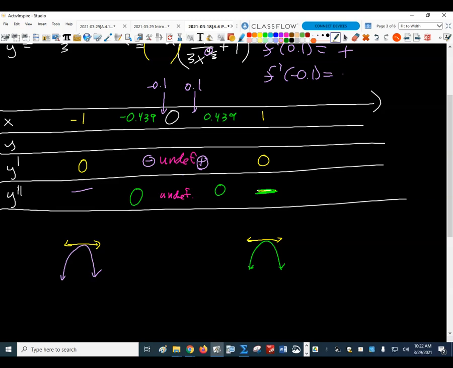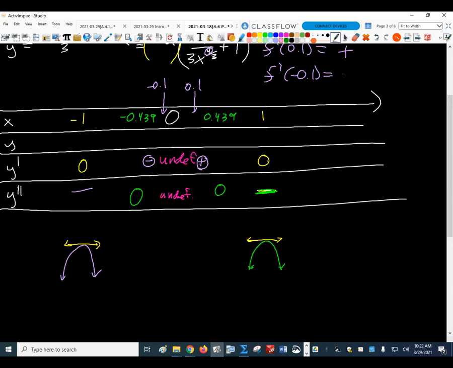If the derivative was 0, we had a horizontal tangent, which led to a smooth extremum. If the first derivative is undefined, what kind of shapes did we get for our extrema in that case? It's going to be a sharp corner, isn't it?